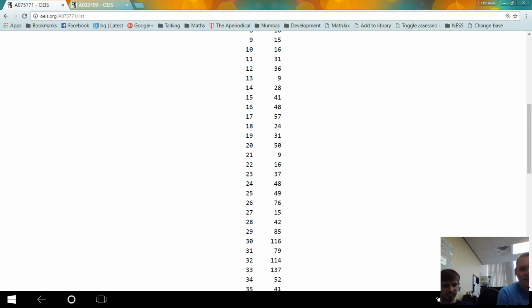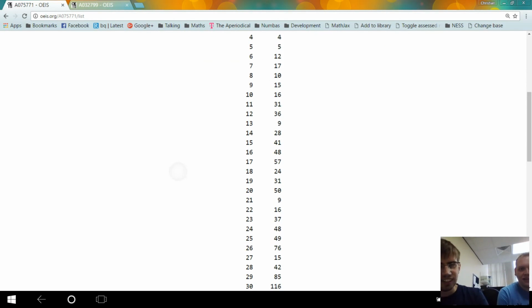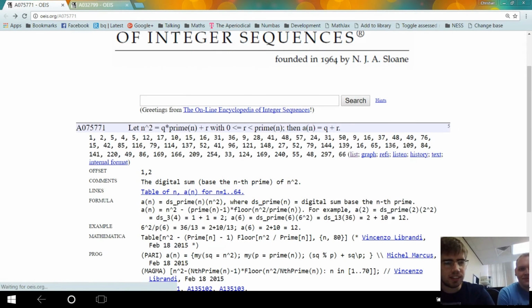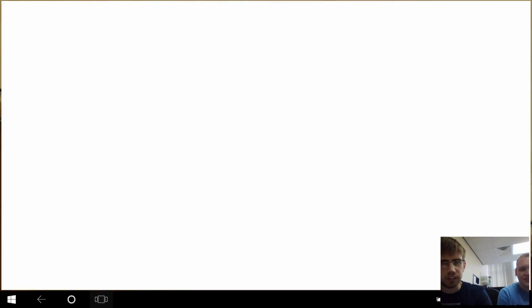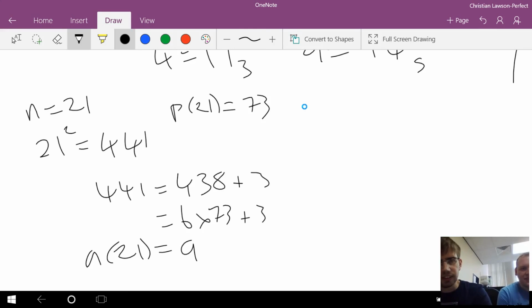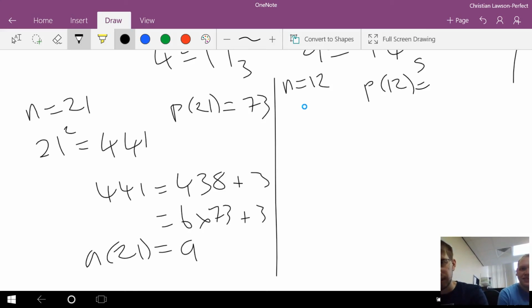Can we look at 12 since we know that as well? 12 is really high. I want to know what's going on. That's higher than 9. So the 12th prime is 37.